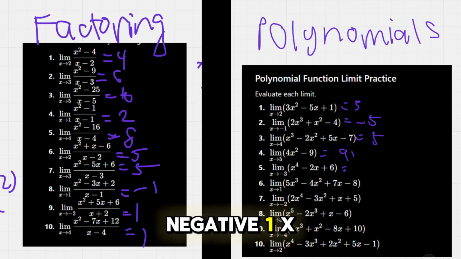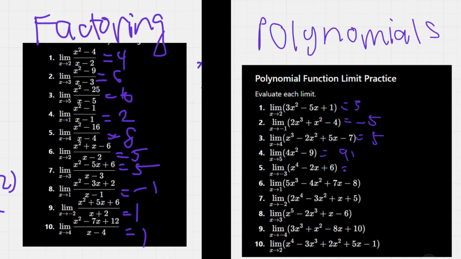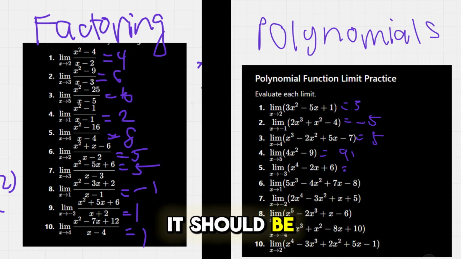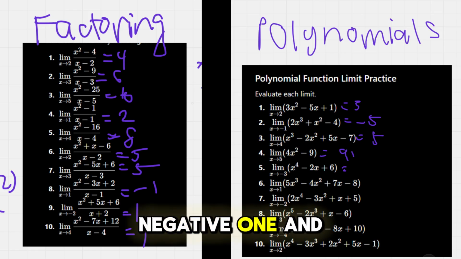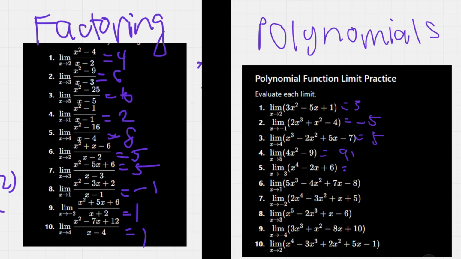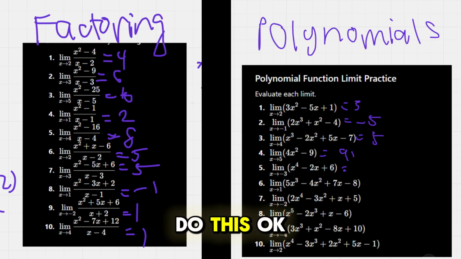Cancel negative 1, x minus 1. 1 minus 2 is going to be negative 1. Okay. So we have negative 1. And for this, we have to do this.